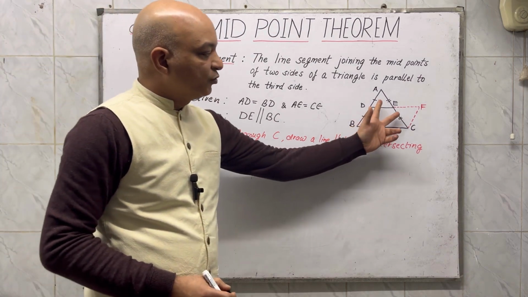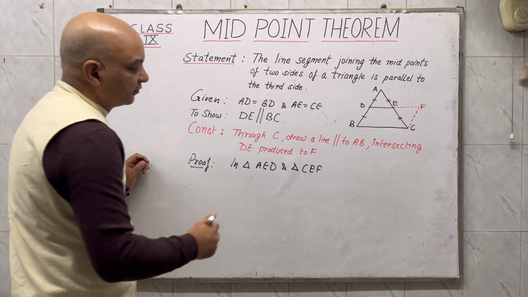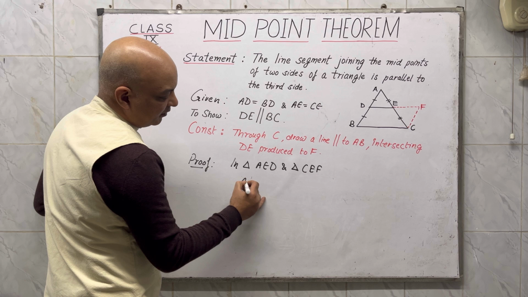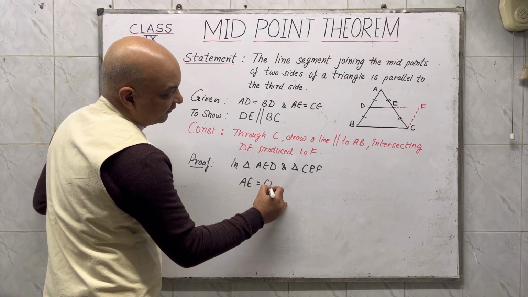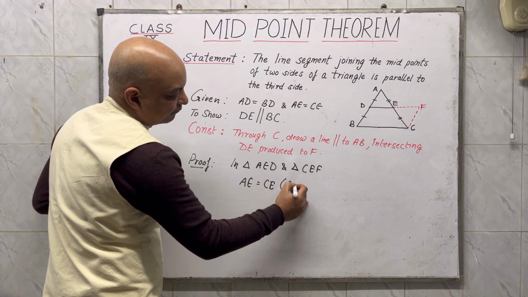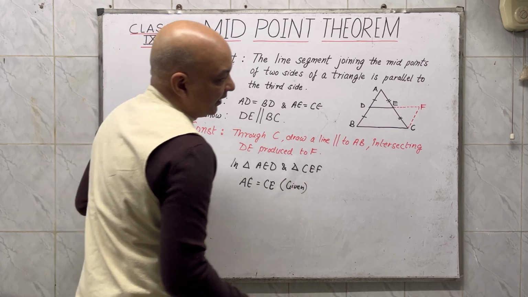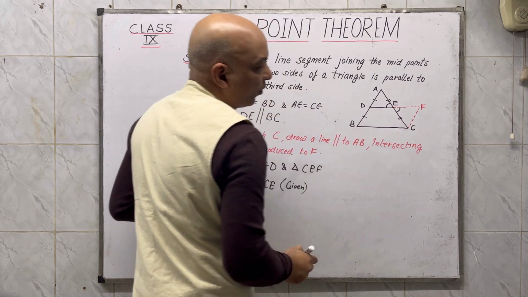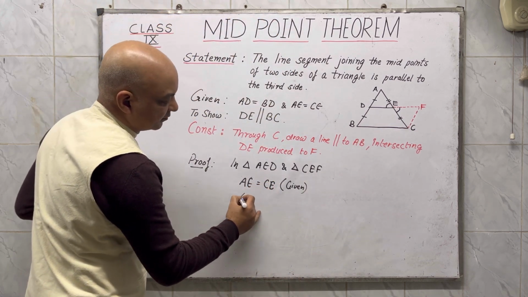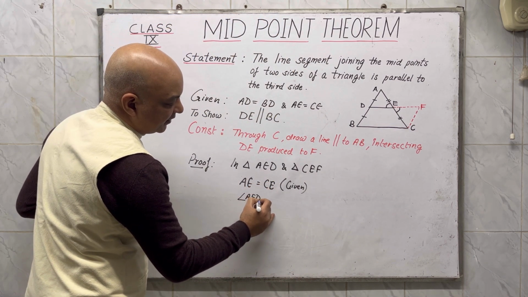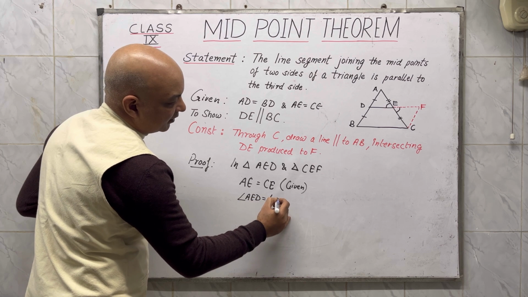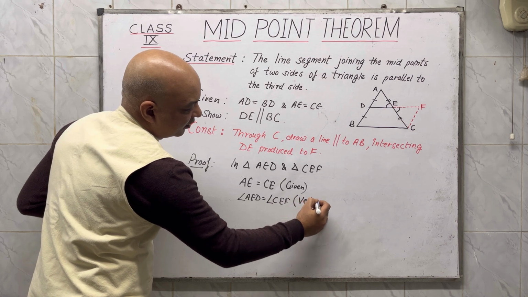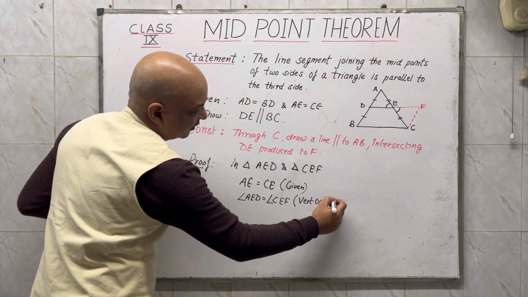Now I will prove these two triangles to be congruent first of all. So as we can see clearly, first of all I am given AE equal to CE. Then as we can see, this angle is equal to this, vertically opposite. So angle AED is equal to angle CEF, vertically opposite angles.